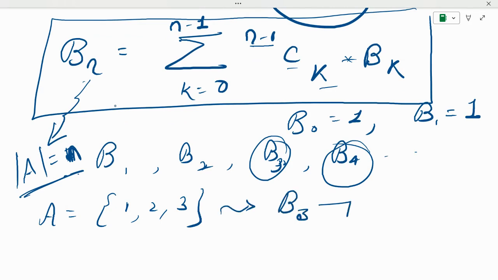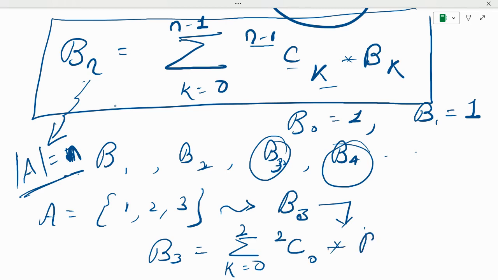B3 is the sum for k equal to 0 to 3 minus 1, that is 2, of 2Ck multiplied by Bk.